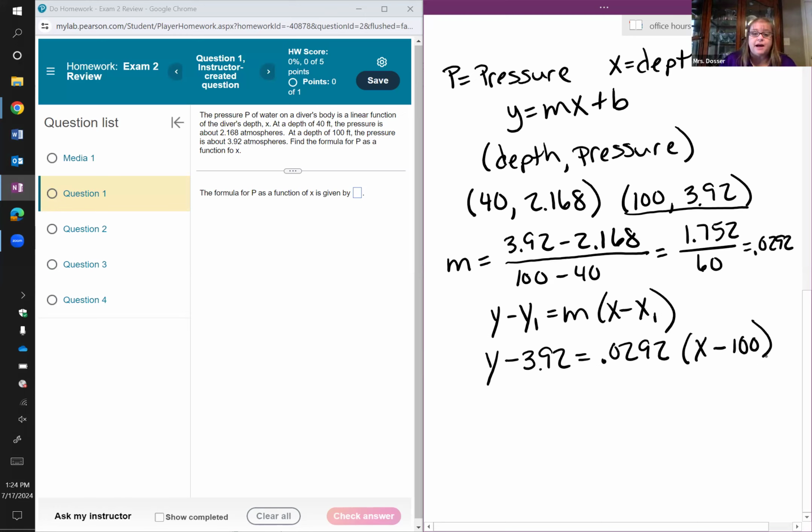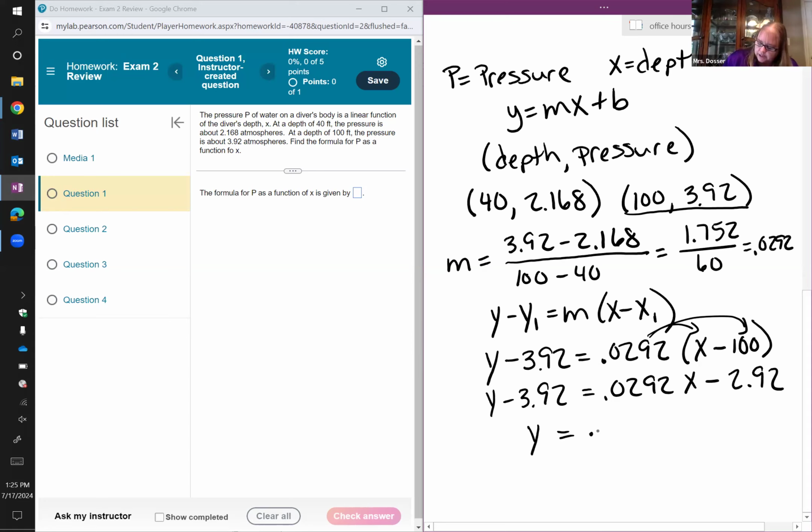Now we just need to simplify to get it into slope-intercept form, and we'll have the equation of our line. So we first need to distribute, and so y minus 3.92 is equal to 0.0292x minus, and when we multiply there, we get 2.92. At that point, we just need to get Y by itself, so we're going to add the 3.92 to both sides, and we're going to end up with 0.0292x plus 1.